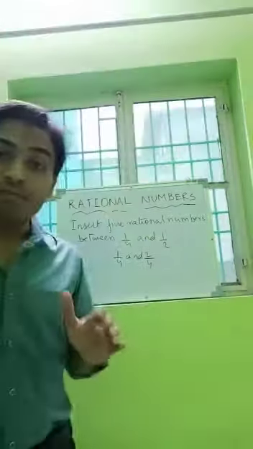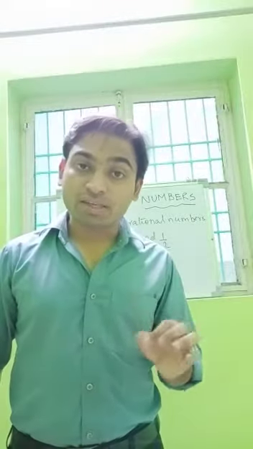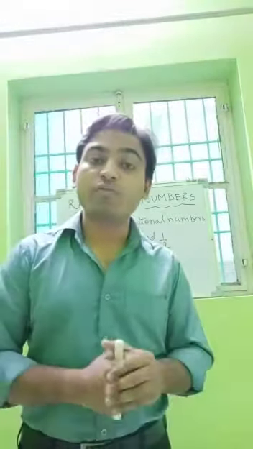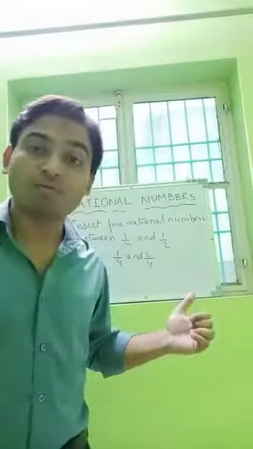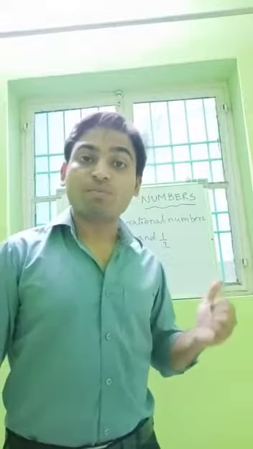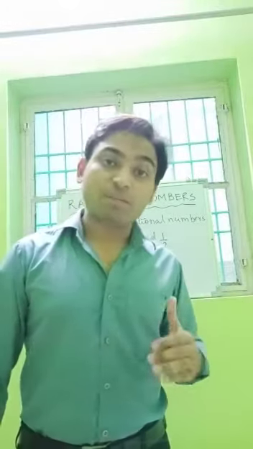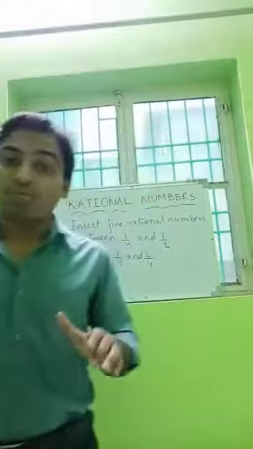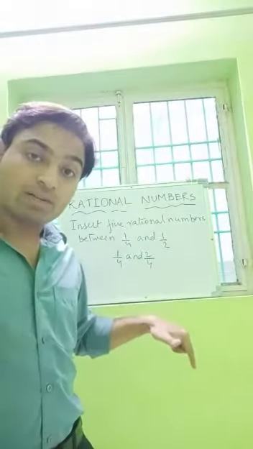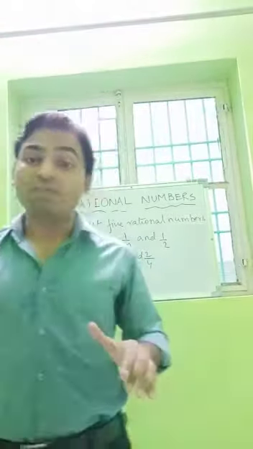Now see, we cannot insert even a single rational number in between 1 upon 4 and 2 upon 4. This means that we have to increase the gap between 1 upon 4 and 2 upon 4. And how will we increase the gap? Yes, by multiplying the numbers. See, the number which we multiply by the numerator, we will multiply the same number by the denominator.